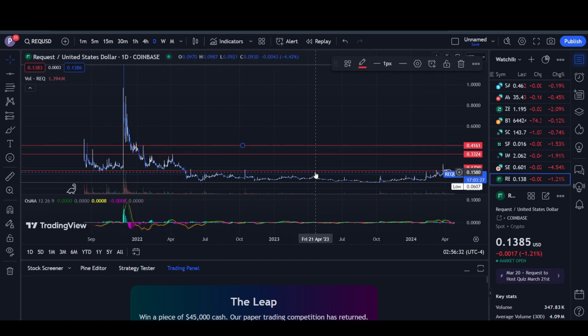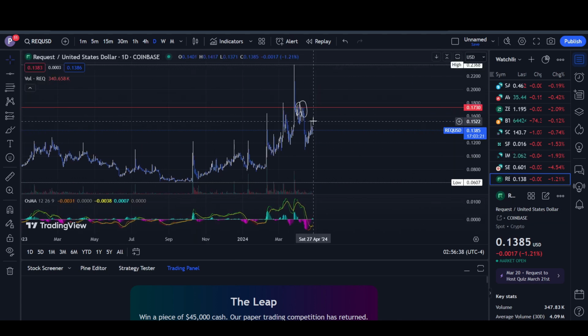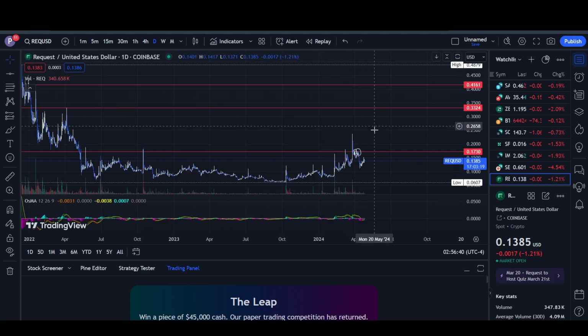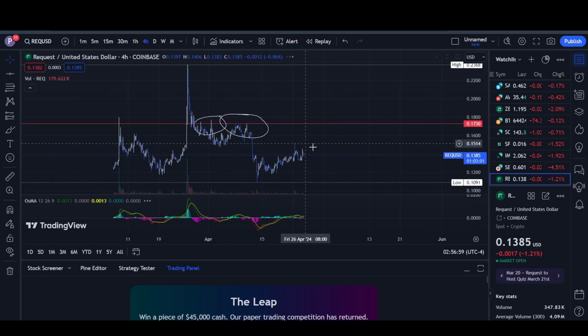If we break 17 cents again and hold this level for 2 to 3 days, trading above it, I think we will probably hit 33 cents. But we have to break this resistance, and as of now it seems like it's going down, so not good.